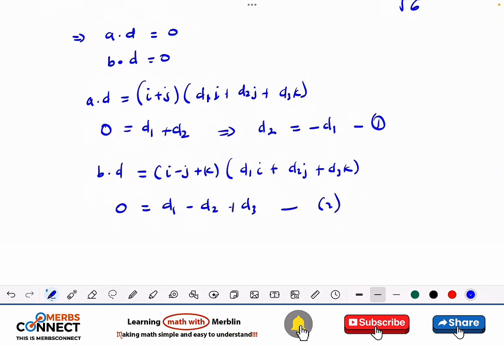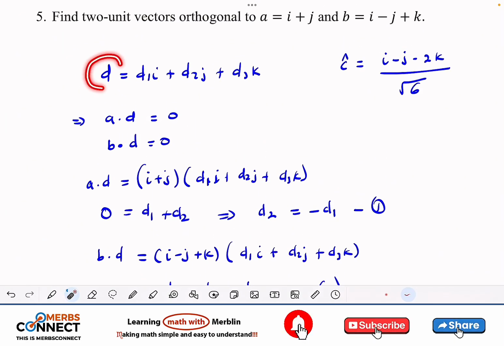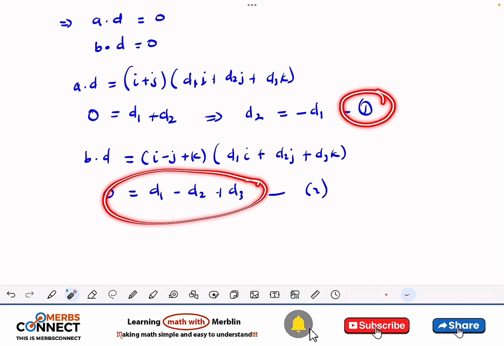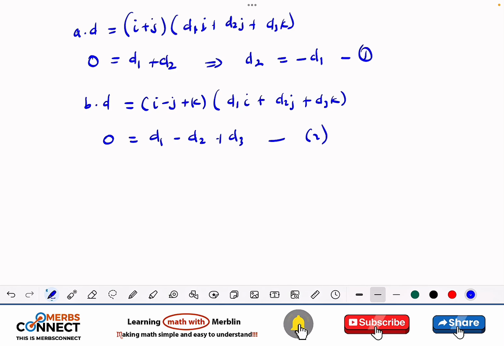So we want to express this D in terms of just one variable. Let's say D1. Since I've made D1 the subject here, which is D2, I'll put D1 inside this equation here. So let's do that. Put equation 1 into equation 2.